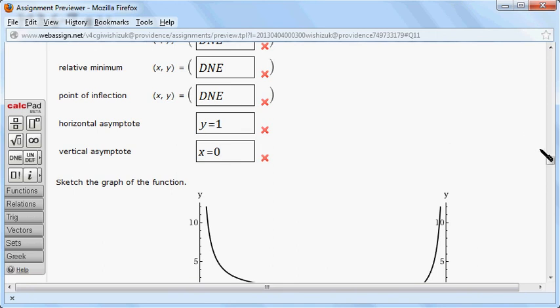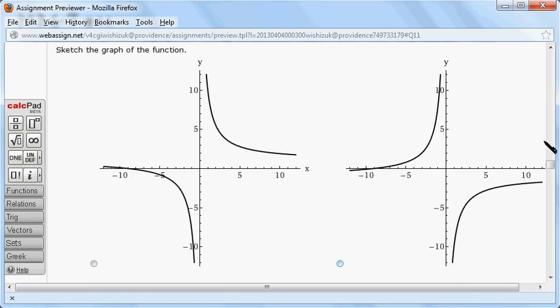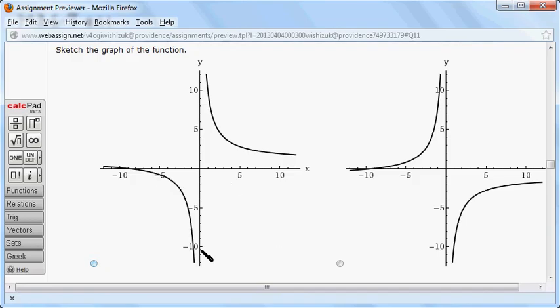And sketch the graph of the function. Maybe we should look at that. We know that the first derivative is always negative, so the original function y is always decreasing. If you look at the picture, this one is decreasing, decreasing, that looks good, and this is increasing, increasing, so that doesn't work.